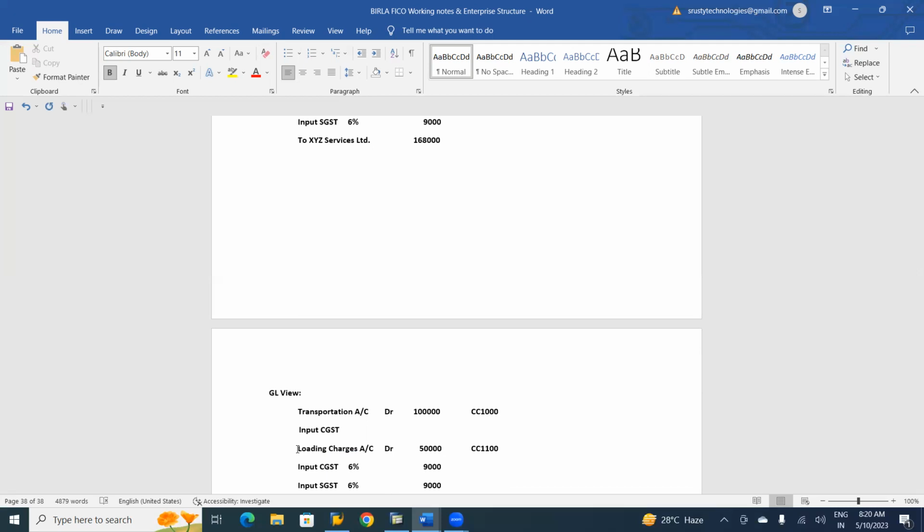Input CGST, what I'll do. One lakh, 6,000, 6,000.